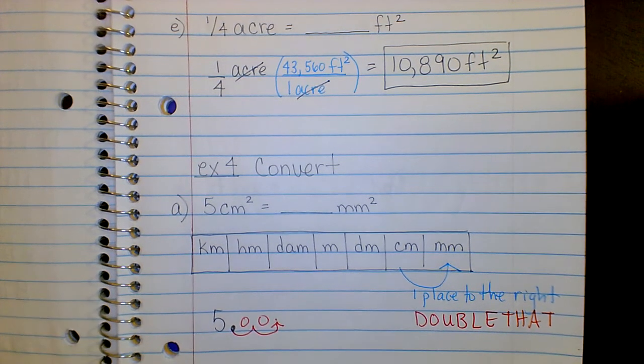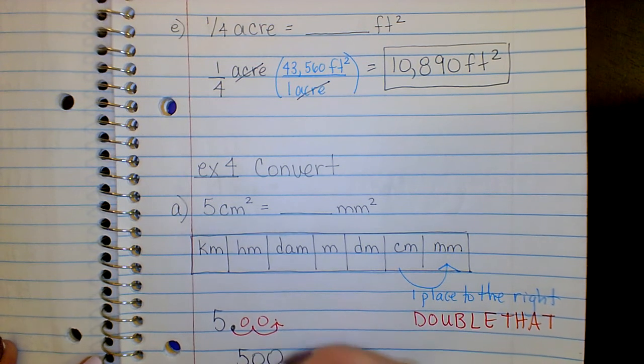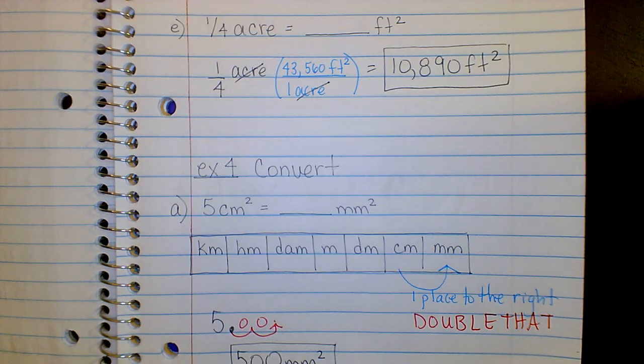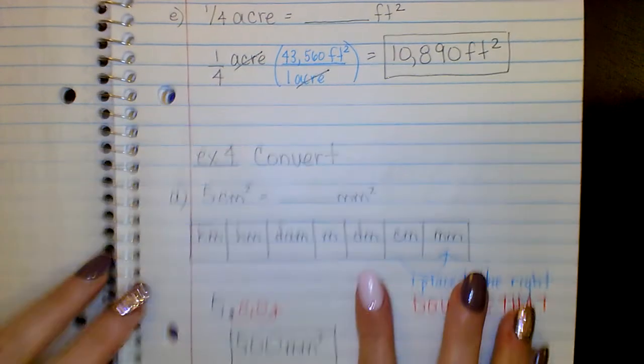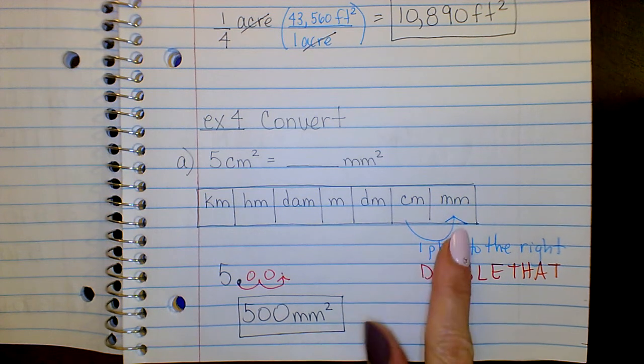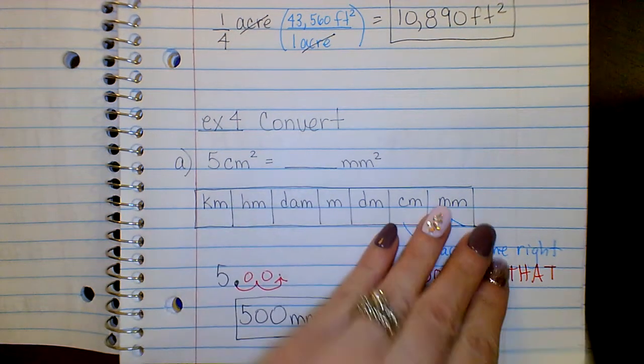Decimal one's up right there. So we end up with 500 square millimeters. So the doubling comes from the fact that squaring these powers of 10 doubles those place values.